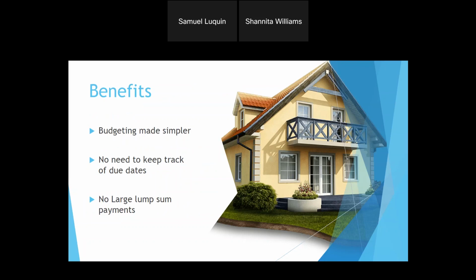They're going to be aware that when your property insurance is set to renew, those payments get sent out and the bills get paid. And again, just no large lump sum payments. Some people have difficulty saving money over time or maybe having access to it, but budgeting it into your monthly mortgage payment makes it a little bit easier when these due dates come up.